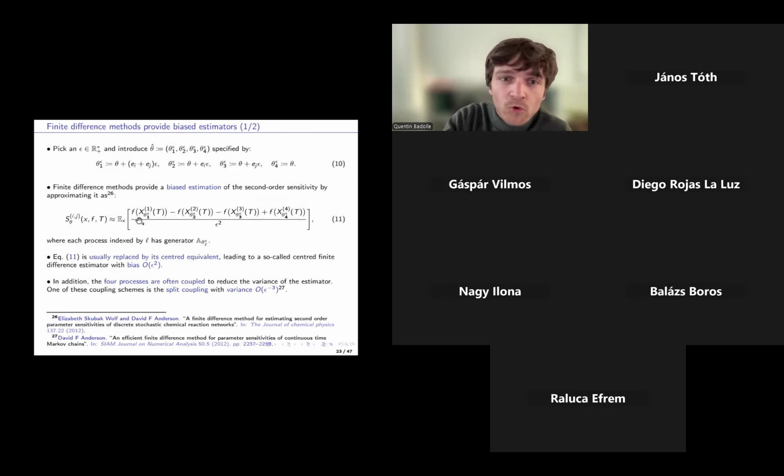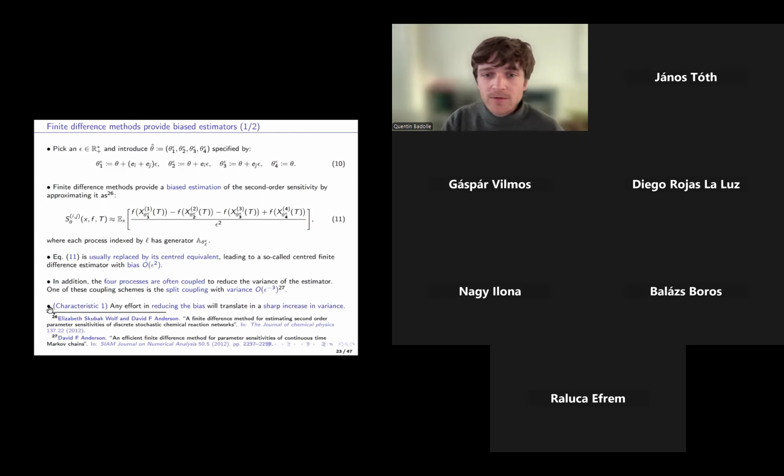And in order to reduce the variance of estimators which are based on this formula, you try to couple the processes to reduce the variance. And among the couplings which have been suggested in the literature, we are highlighting the split coupling, which has variance of order epsilon to the minus 3, which has been introduced by David Anderson and his student Elizabeth Wolf.